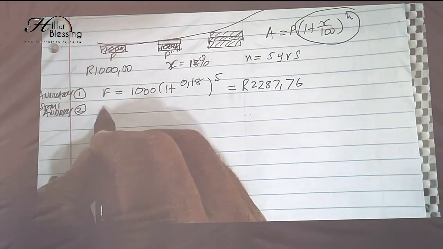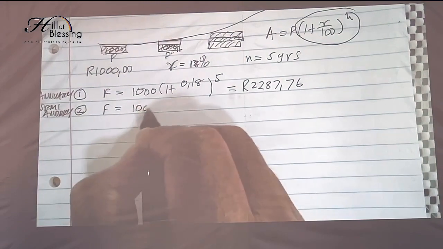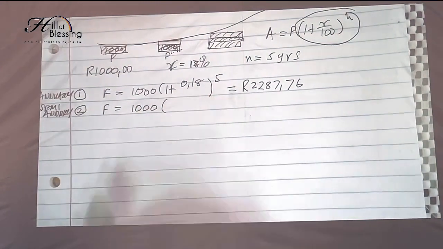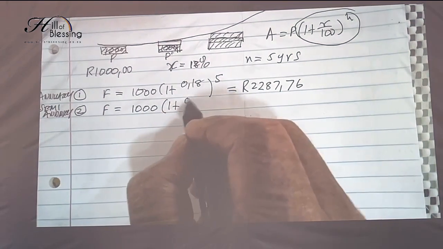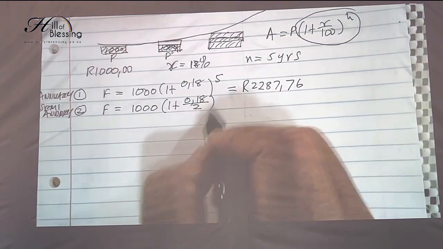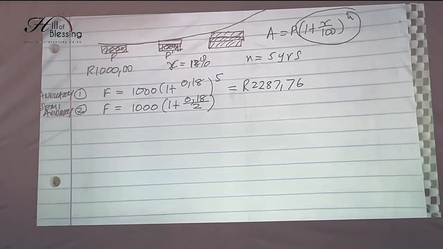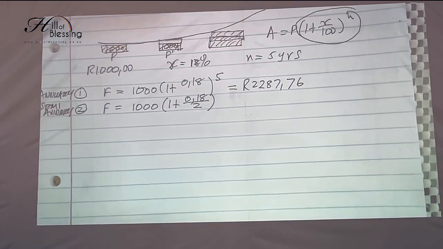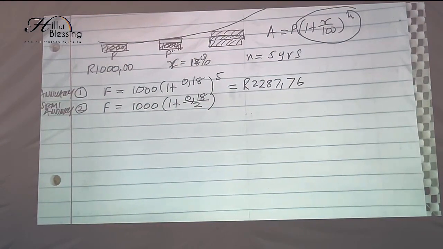So what happens is that if you take your future value, remember, we said that in simple interest it's a fixed amount. So it's 1 plus the interest rate, but now you've got to divide it by 2. When you're dividing it by 2, it means that you are adding the interest twice in a year, biannually, or every 6 months.